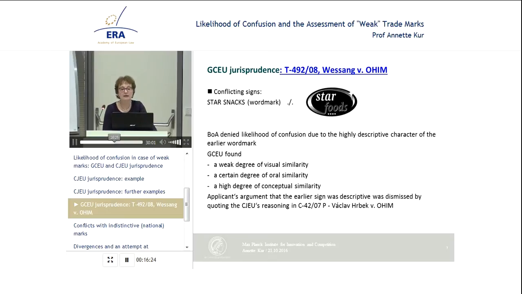Here's one thing from the case law of the General Court. Also, no surprises here. It's really just to show that the cases that I've pointed to are not outliers. They are not exceptional cases where the court got it wrong or got it in a way which is arguable one way or the other.